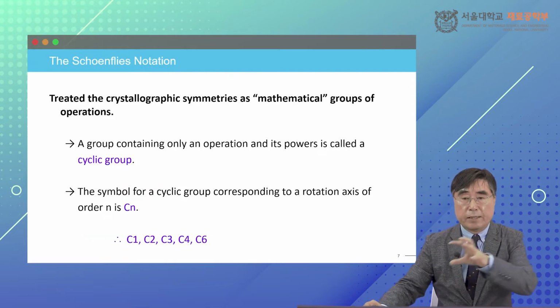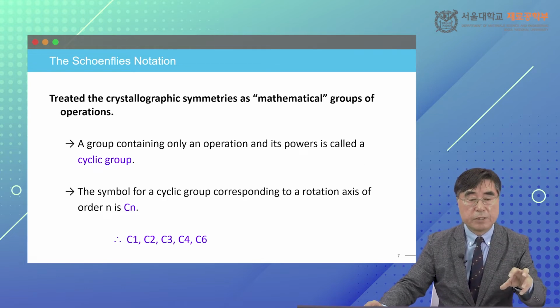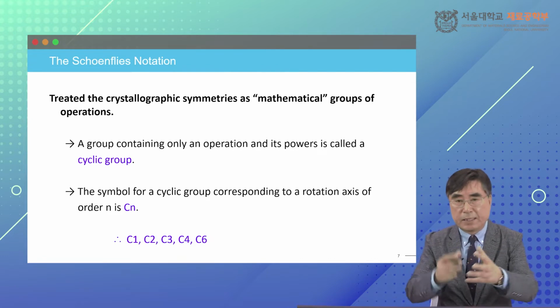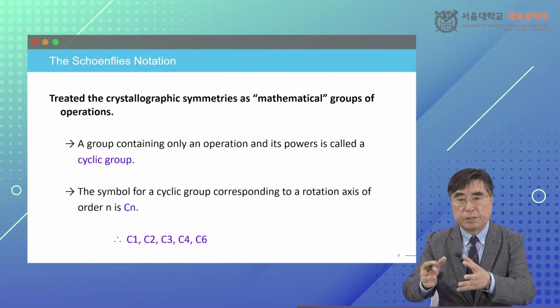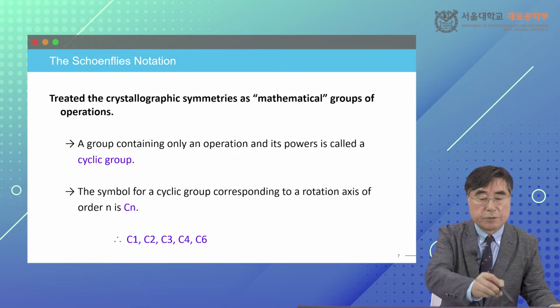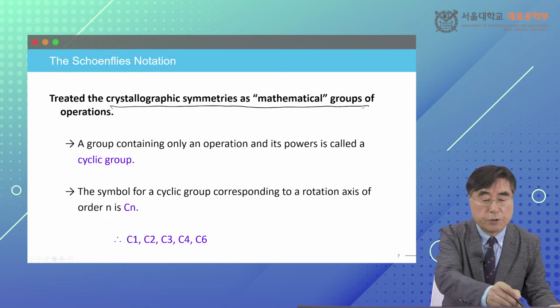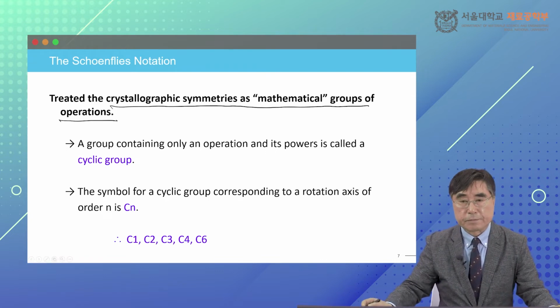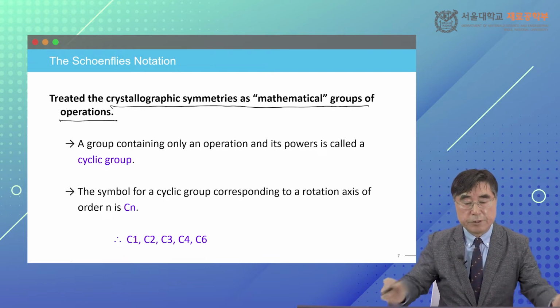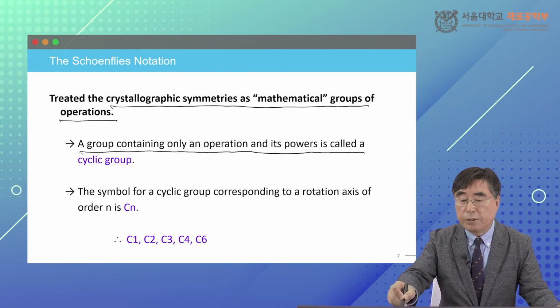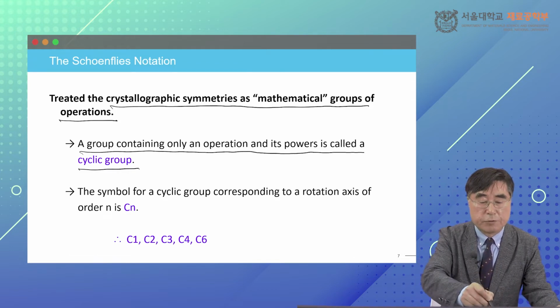Now, when I derive these 32 point groups, I would like to relate this with the Schoenflies notation. Schoenflies notation is basically the Schoenflies definition of these 32 point groups. It treats the crystallographic symmetries as mathematical groups of operations. And in his definition, a group containing only an operation and its powers is called a cyclic group.